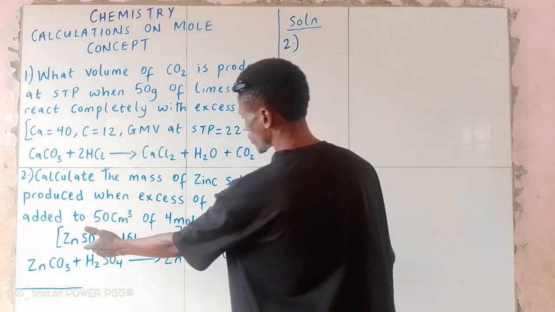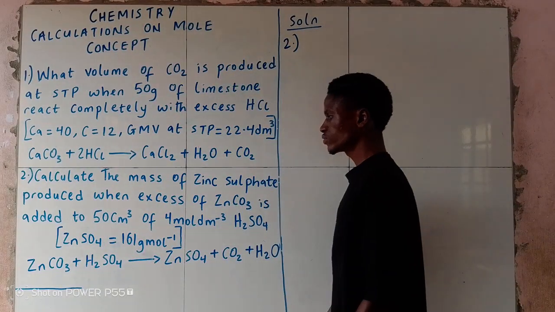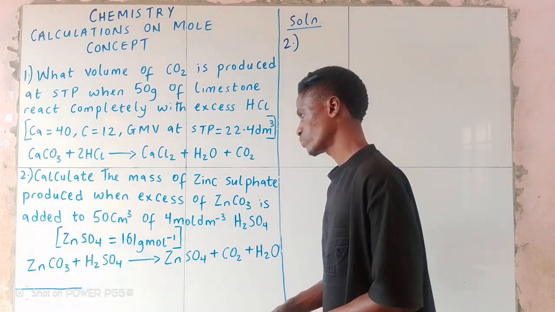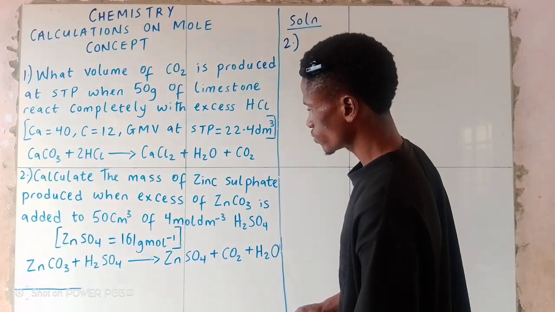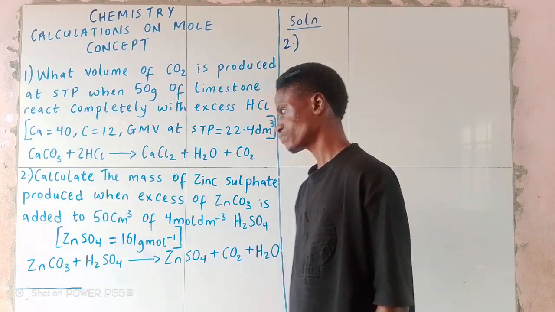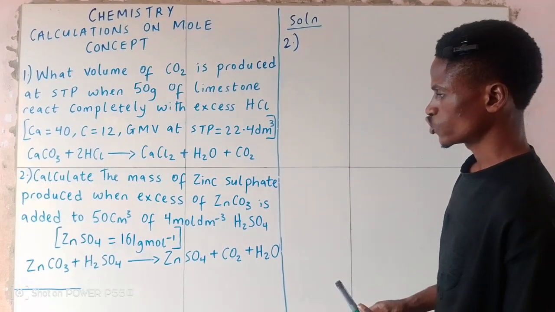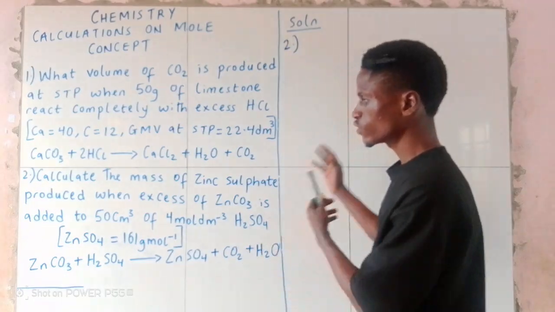Zinc sulfate is given as 161 gram per mole, and we have the chemical equation written as this. So as usual, our first step here is to bring out the chemical equation.